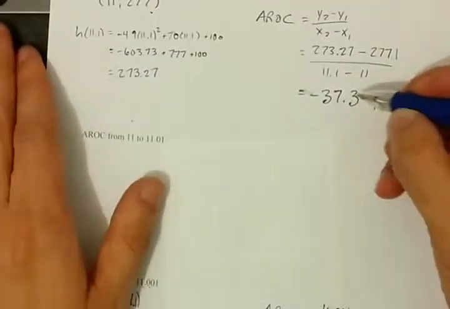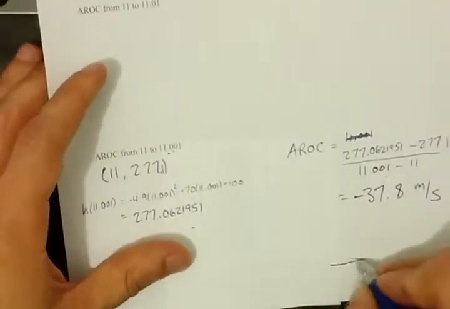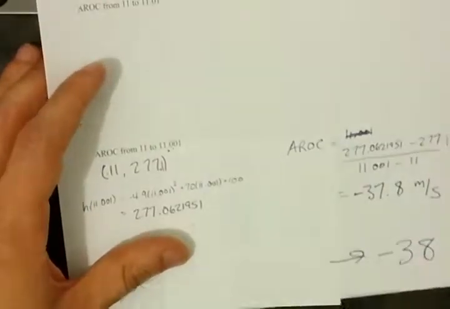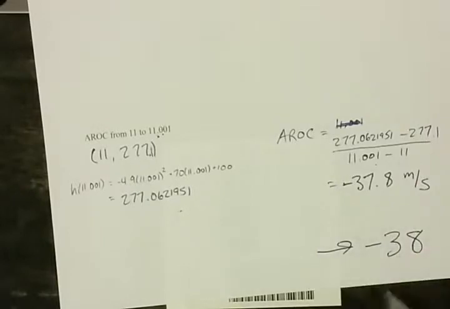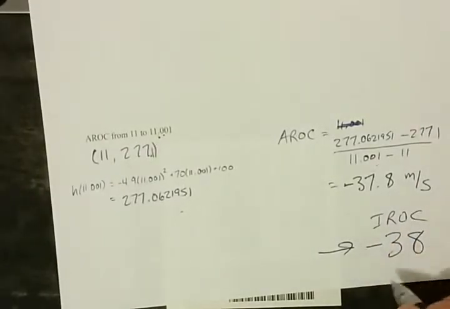It looks to me, negative 37.3, negative 37.8, that I'm becoming closer and closer to negative 38 meters per second. So I'm going to estimate that my instantaneous rate of change is about negative 38.